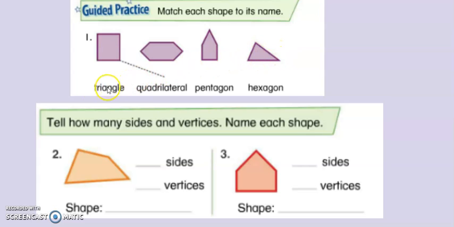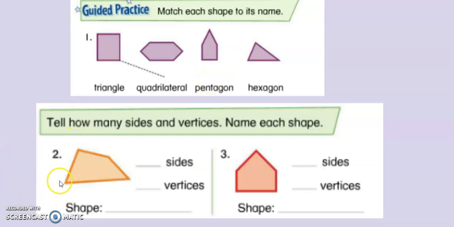I know that matches up with triangle. So I'm left with these two. Let's count these sides. 1, 2, 3, 4, 5, 6. Ooh, is that a pentagon or a hexagon? I have to remember. Oh, hexagon. So I'm left with pentagon. Do you remember how many sides? 1, 2, 3, 4, and 5. 5 sides is a pentagon.